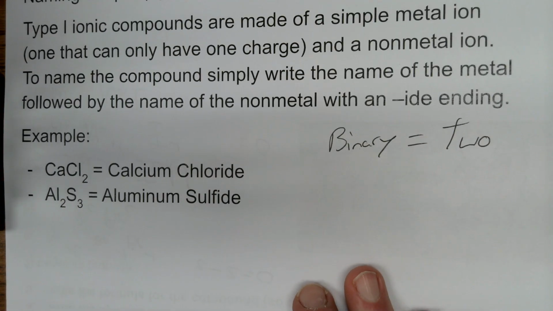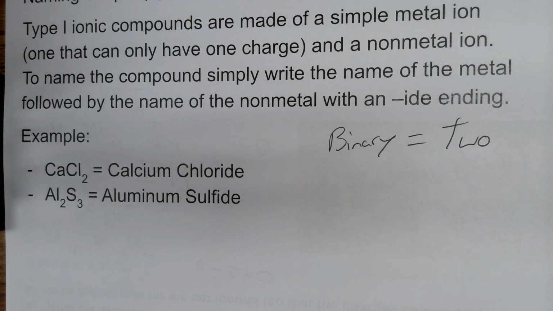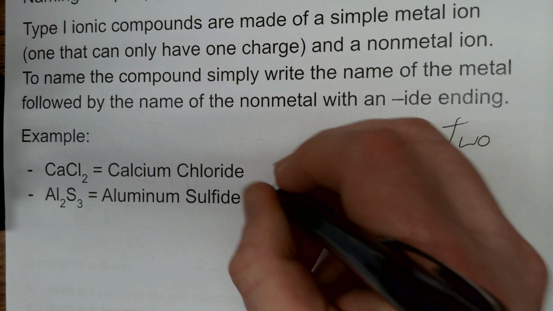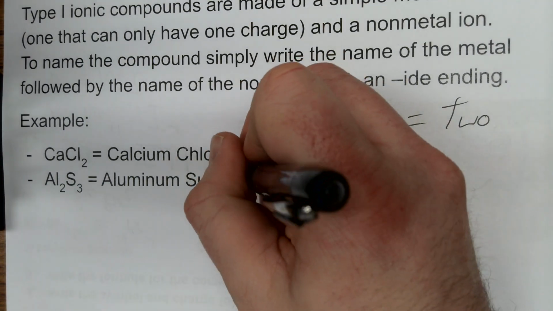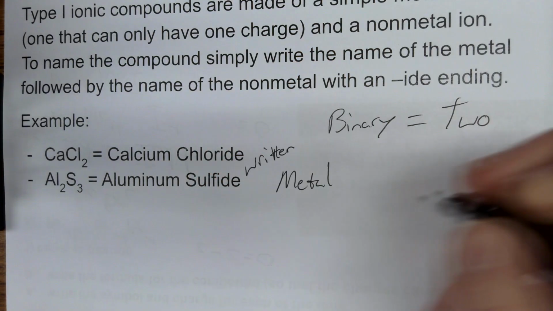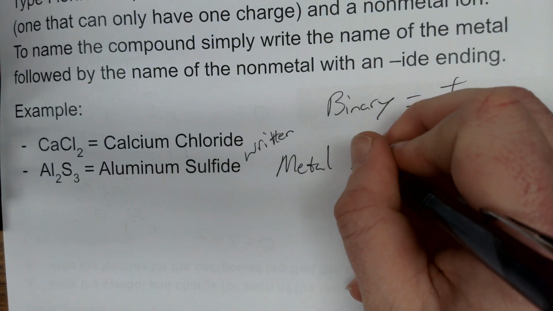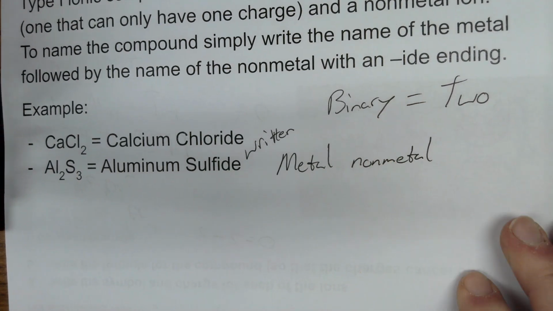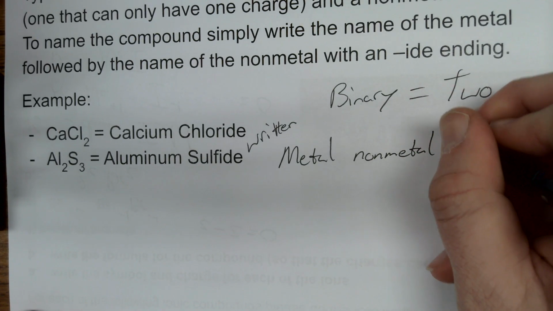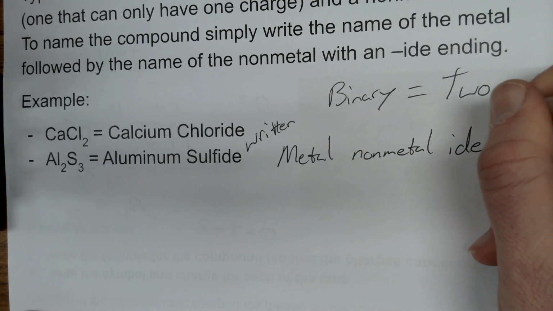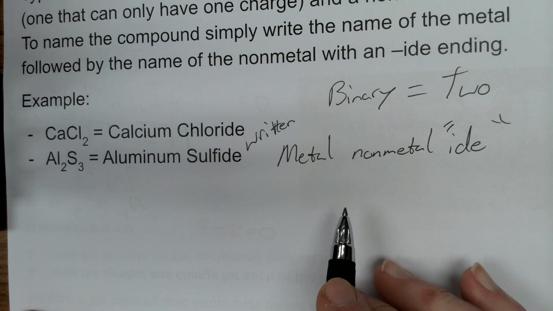Our simple binary ionic compounds are always written the same way: the metal first, followed by the non-metal. And what we're going to do is chop the end of the non-metal off and replace it with "-ide." This symbolizes that it's in a compound with each other.